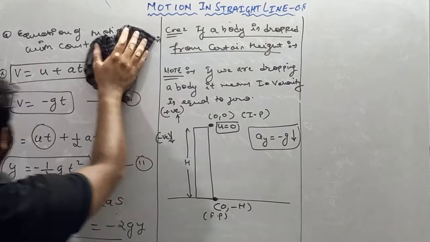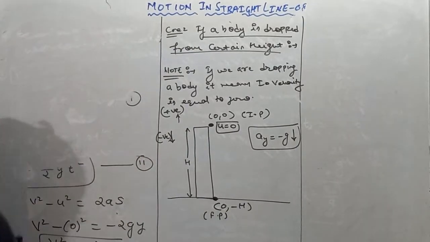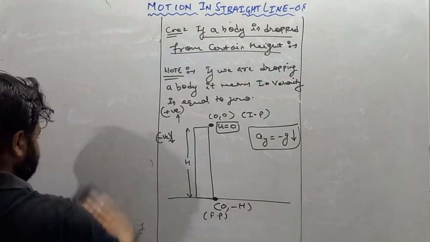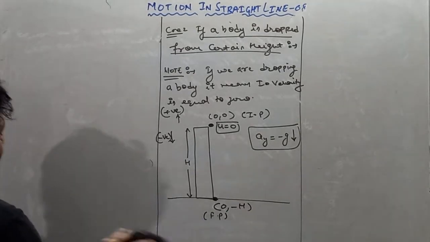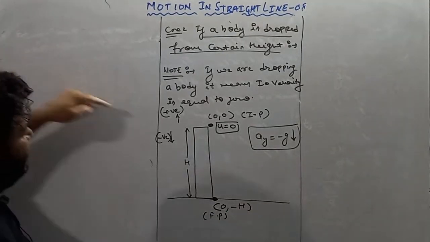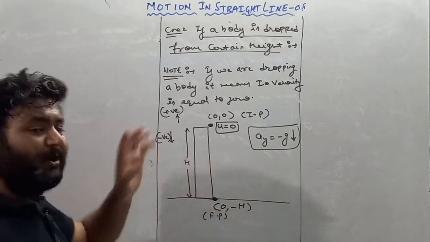Write down the first formula, time of flight. Time of flight is the time taken by the particle to reach from the top of the tower to the bottom of the tower.